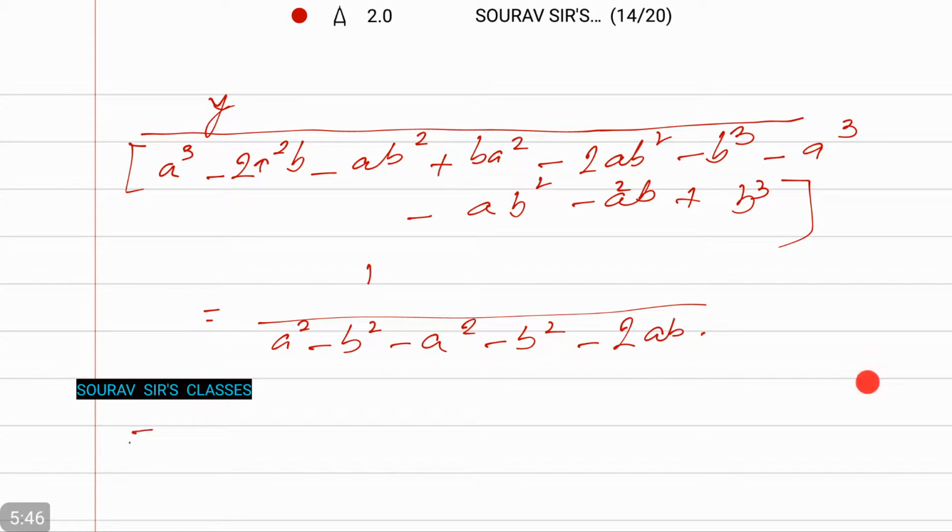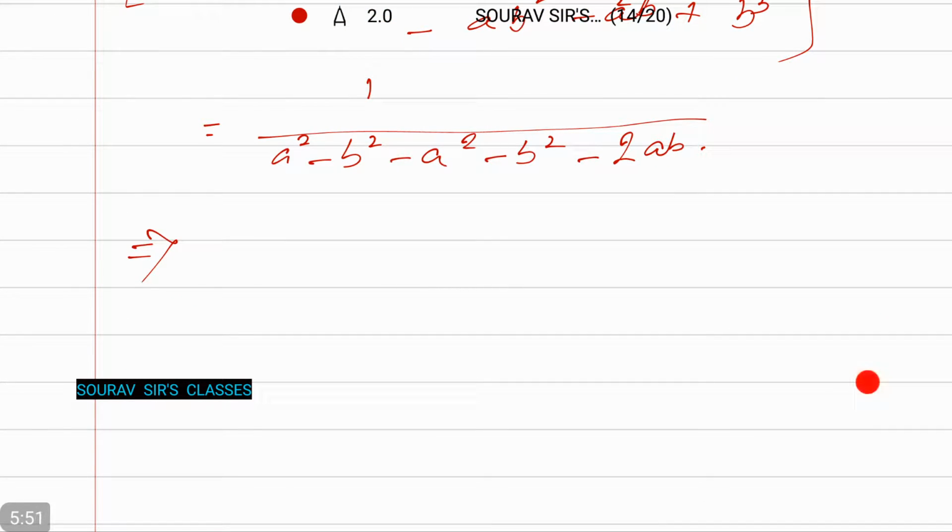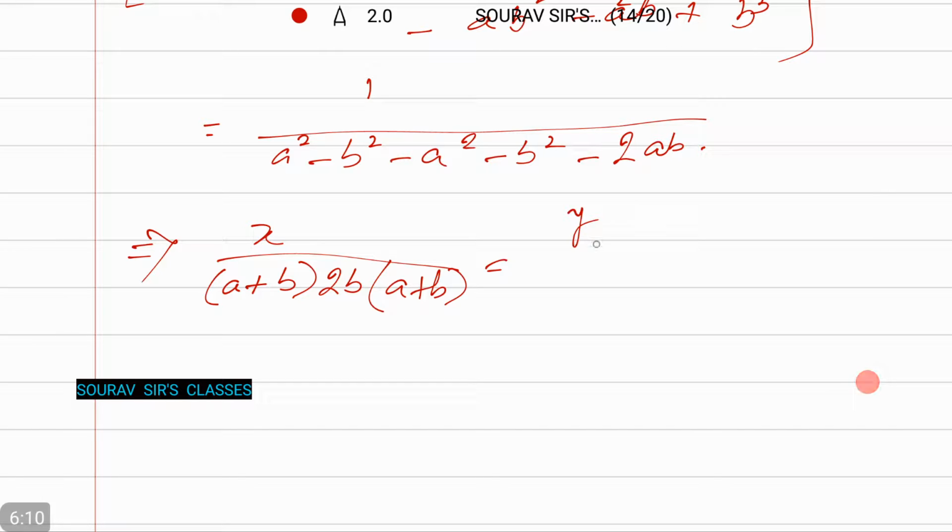This is now implied by x by (a plus b) into 2b into (a plus b). Here we are shortening or simplifying these terms. Remember, when you simplify, the trick is concentration. That's all you need to do these sums.